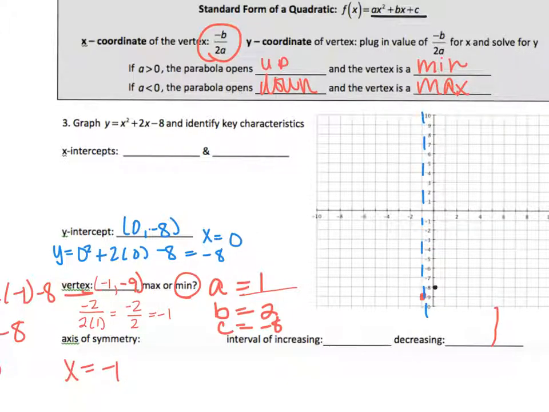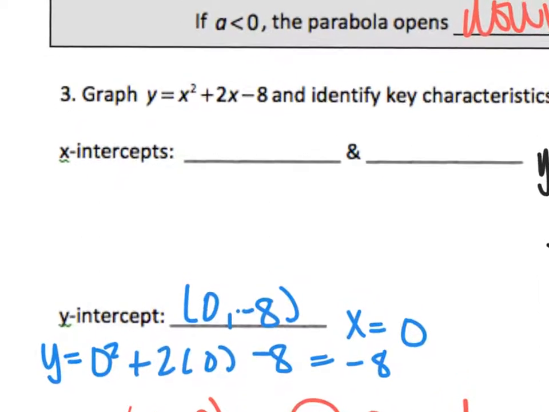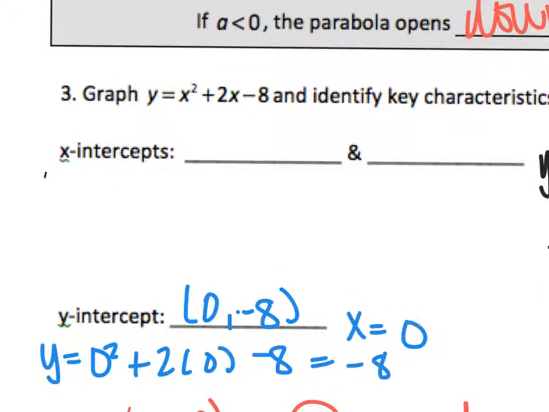And then, what do we got now? We've got x-intercept. So this is where y equals 0. You're going to channel in your factoring. So we say y equals 0. We're going to go ahead and factor. So x and x.